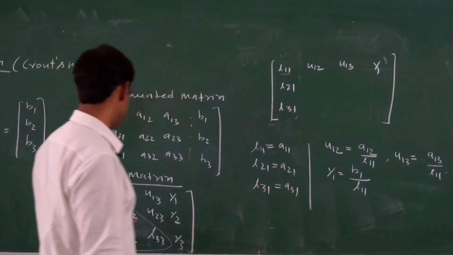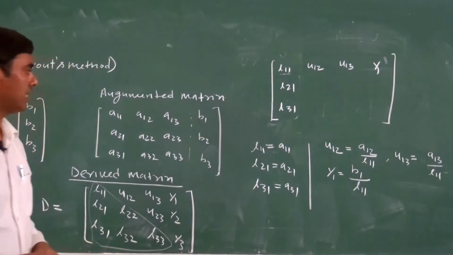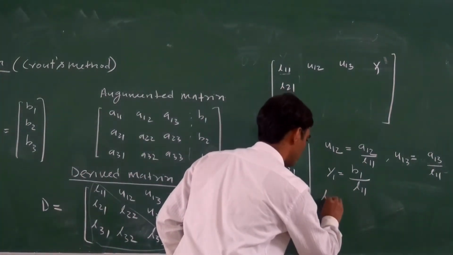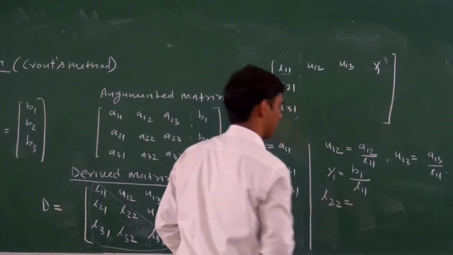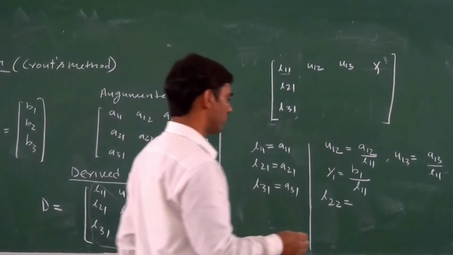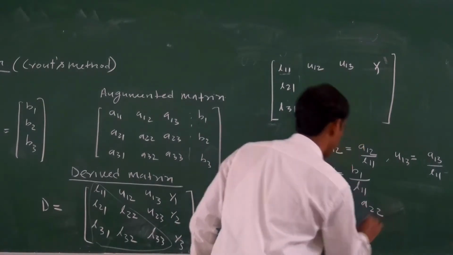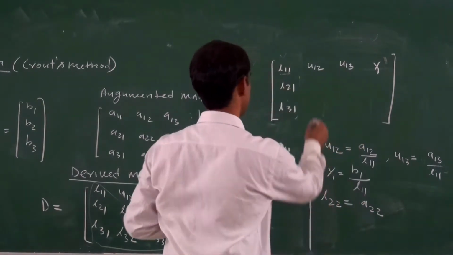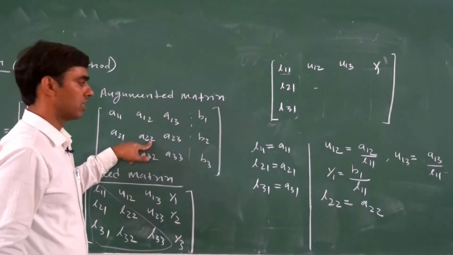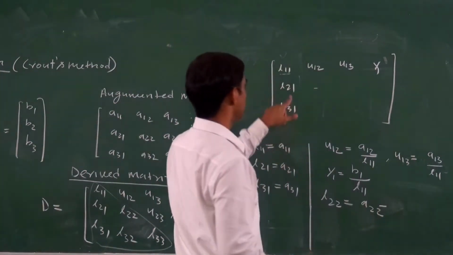So how do we find the value of L22? L22 is a what? We write the corresponding value in the augmented matrix, which is A22. Then minus the inner product.